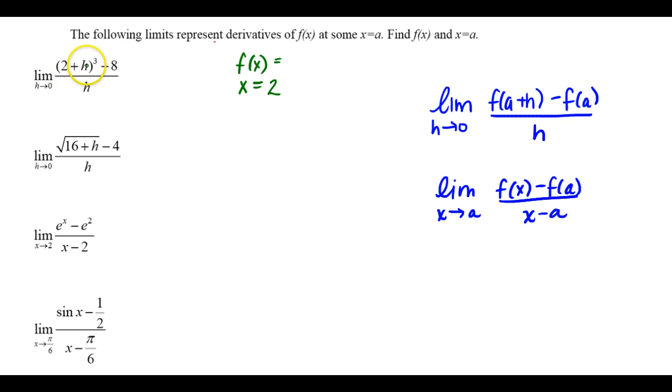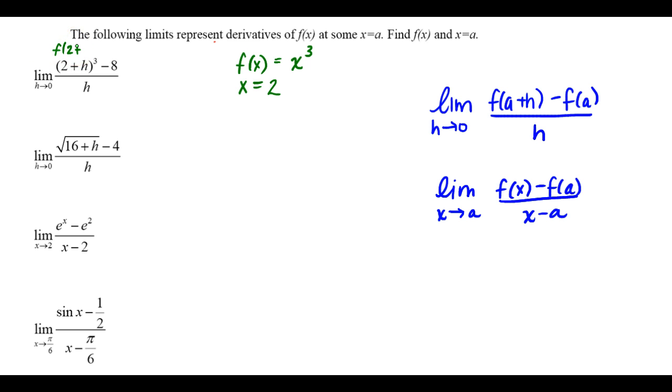Well, we're plugging 2 plus h into the function x cubed. So the limit as h goes to 0 of 2 plus h cubed, so this is a plus h being plugged into the function x cubed, minus, so this quantity right here. Let's mark it all up on this first one.